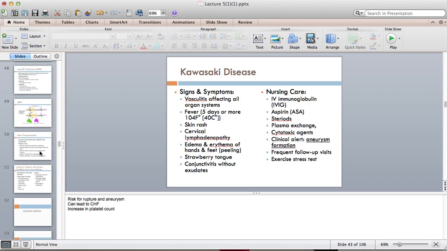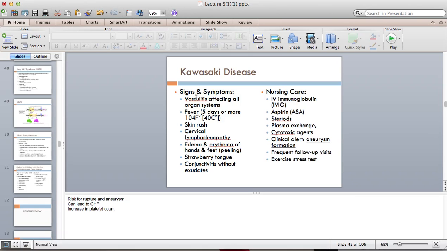The eye is red, swollen, very painful, but there is no discharge. So you look at it at first, you think it's conjunctivitis, but when you look at the history and the examination, there is no discharge from the eye. That would be a classic difference between the two types of conjunctivitis that will present.